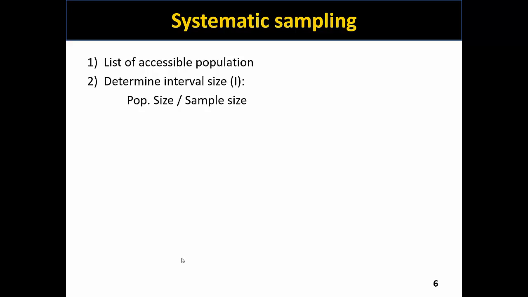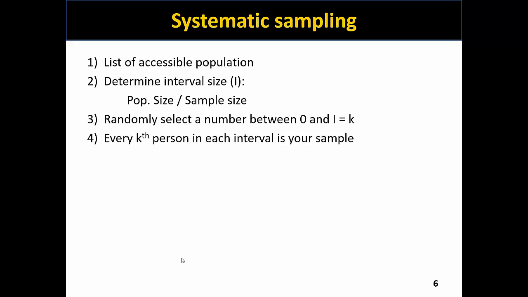The interval size is the population size divided by the sample size, which is often determined prior to the process. The researchers would then select a number randomly between 0 and I, and that number is given the symbol of k, and then every kth person in each interval becomes the sample.